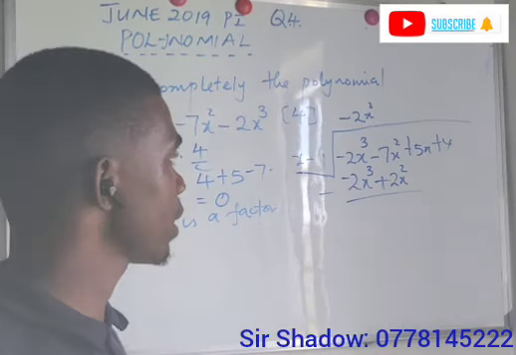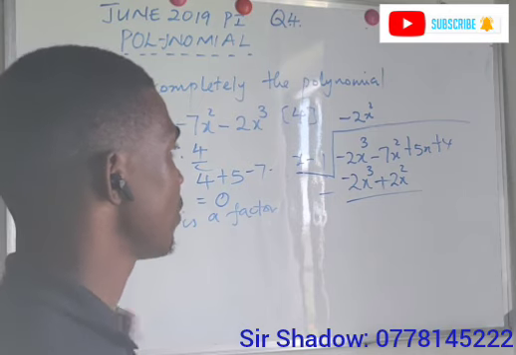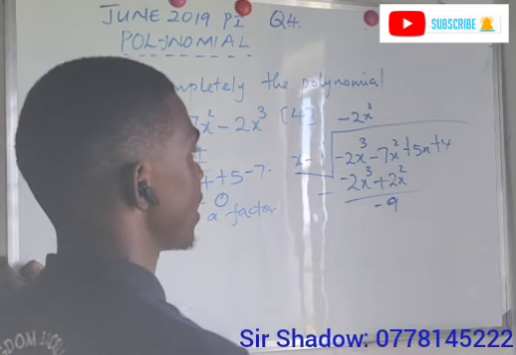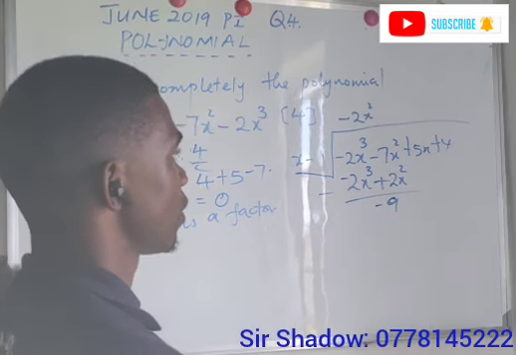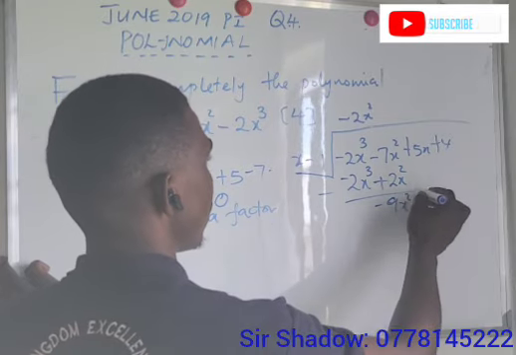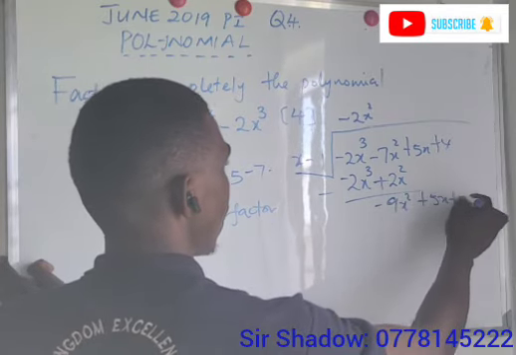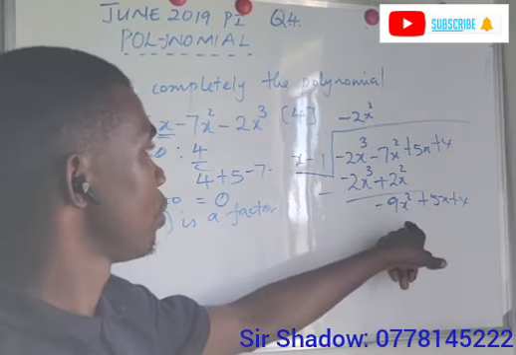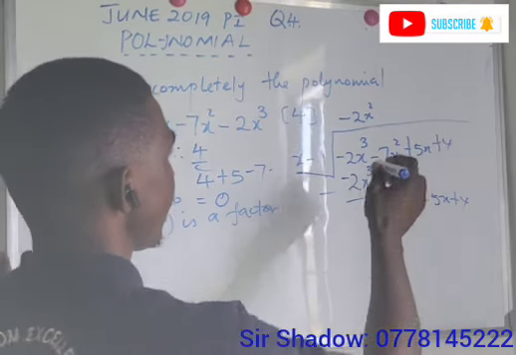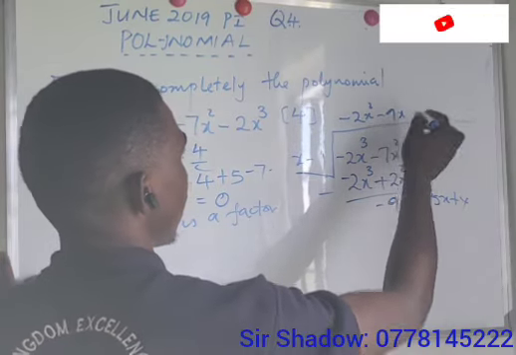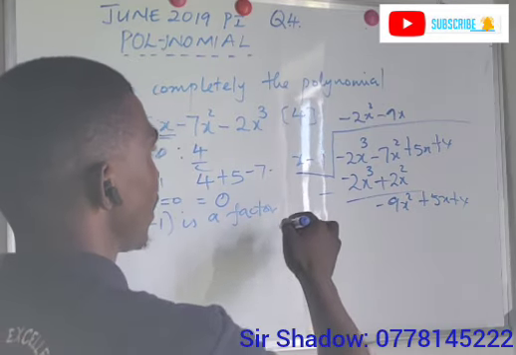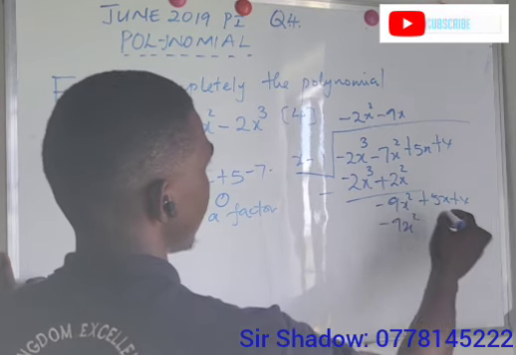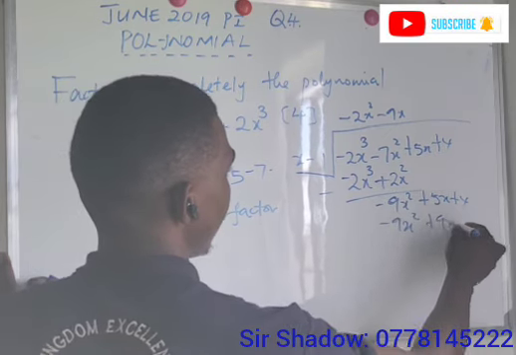Minus 7x squared minus 2x squared is minus 9x squared. Then x into this gives minus 9x. If we multiply by the 2, you get minus 9x squared plus 9x.